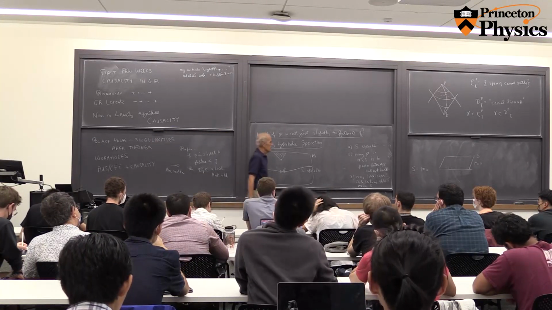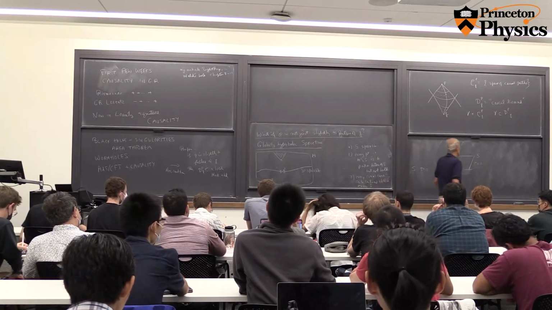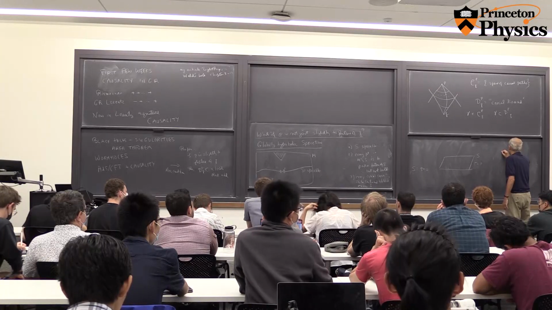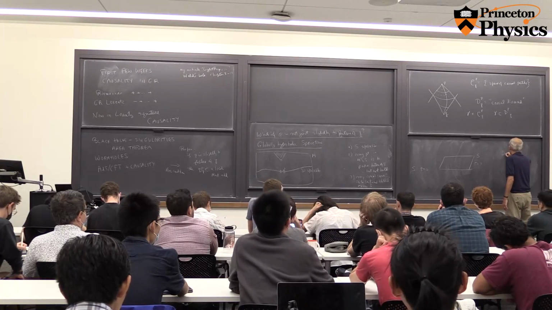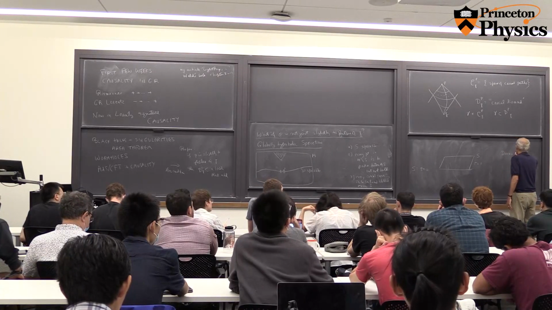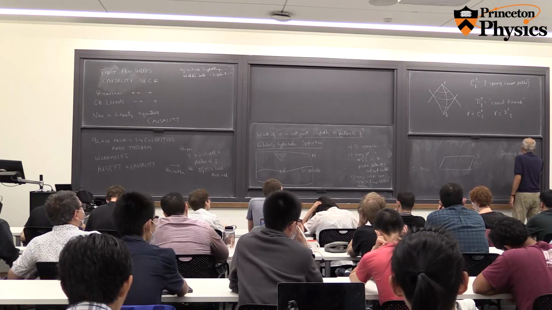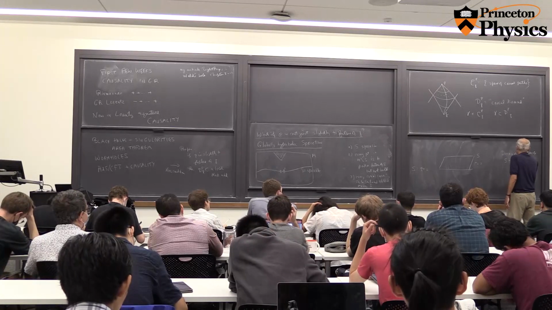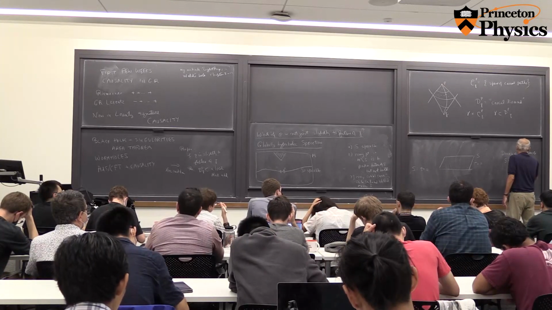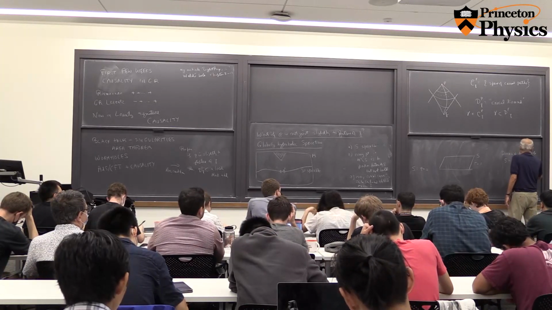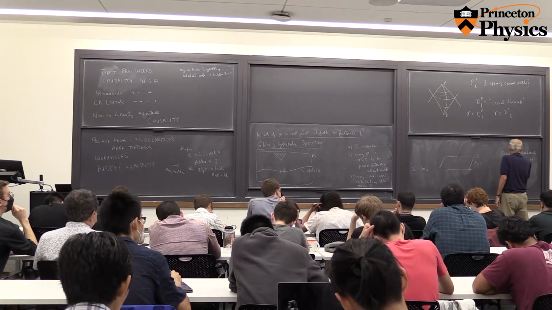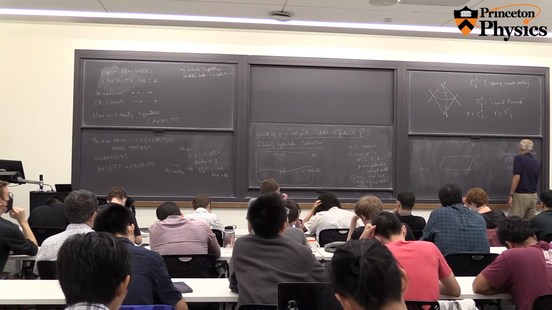So, what's called the domain of dependence of S is the subspace of M which is the largest globally hyperbolic one.